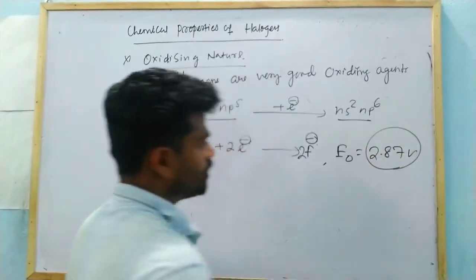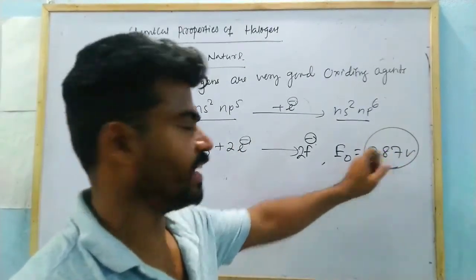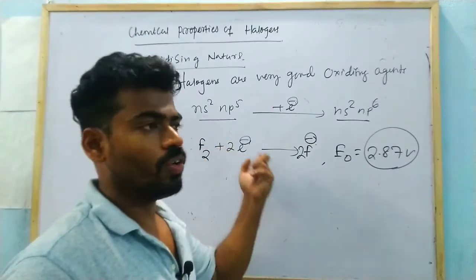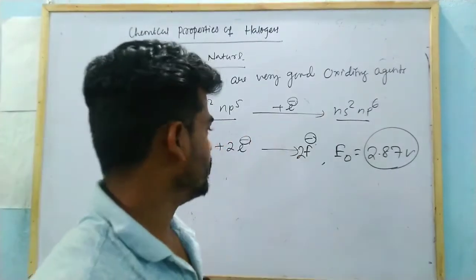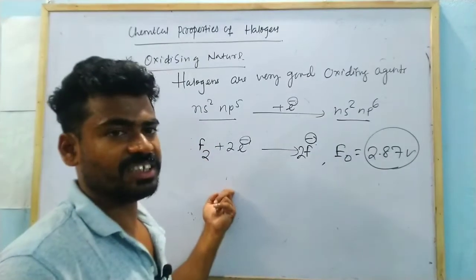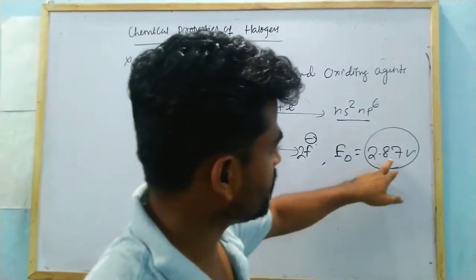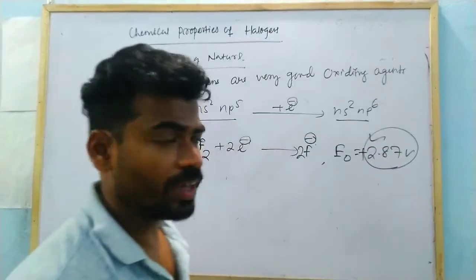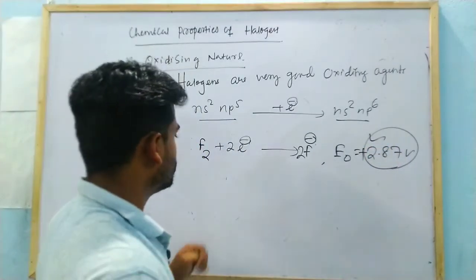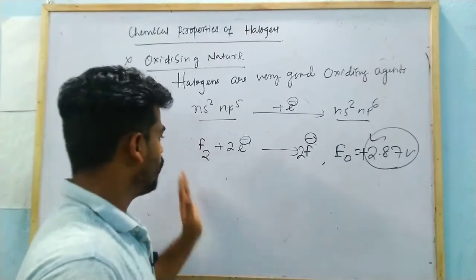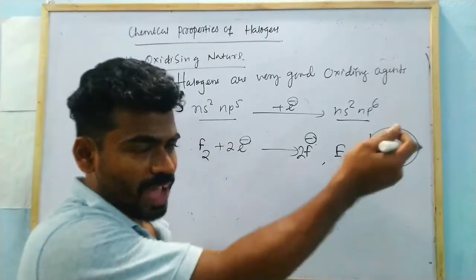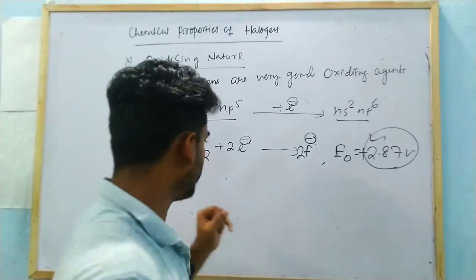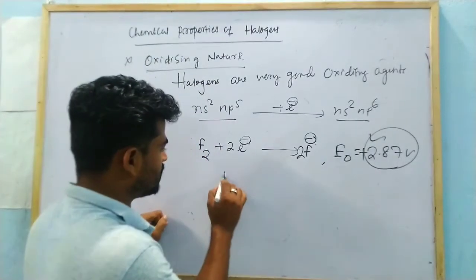The positive value of reduction potential indicates that fluorine is a very good oxidizing agent. Its oxidizing tendency is maximum because of its positive reduction potential. Among all halogens, fluorine has a strong tendency to accept one electron because of its highest electronegativity.